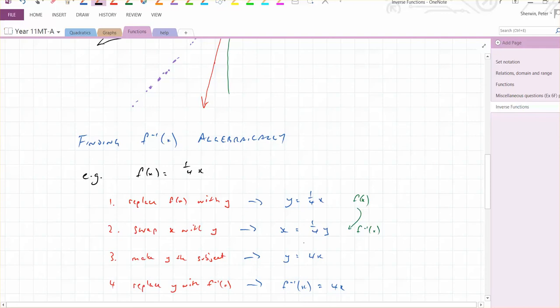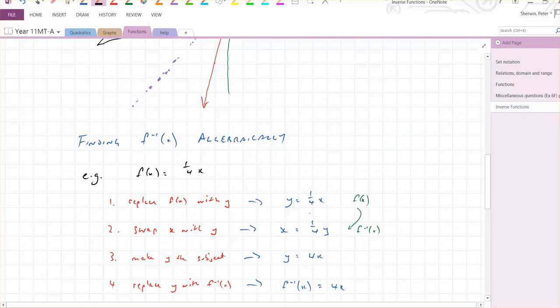That's the interchange process. That's the key step. From step 2 onwards, we're now dealing with the inverse function, having done this x, y swap. That's noted here in my notes: f of x becomes f minus 1 of x. So steps 3 and 4 are just about rearranging this equation that has had its x, y interchanged.